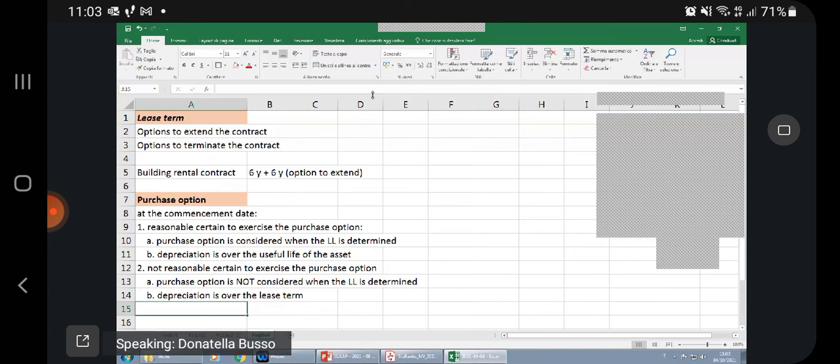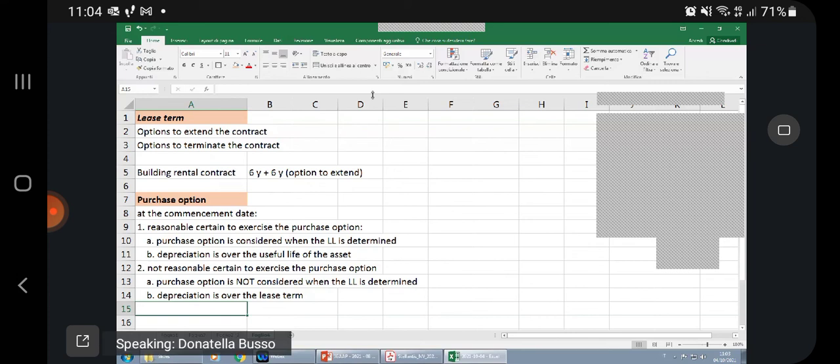Veronica, when I'm reasonably sure that I extend the contract 6 plus 6, I compute the statements in the beginning with 12 years. Exactly, 12 years, since the beginning, if you are reasonably sure at the beginning. Okay, Veronica? Of course, it is possible to start with 6 years if at the beginning you are not sure.